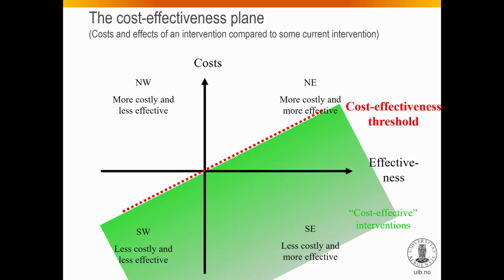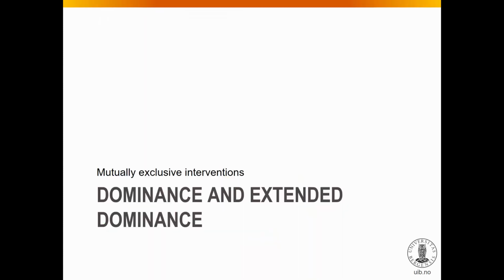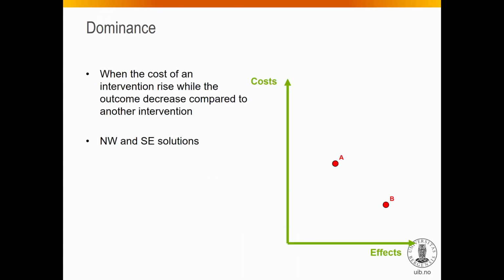Now we will discuss the concepts of dominance and extended dominance, which are important for our decision making. Dominance is the situation when the cost of an intervention rises while the outcome decreases compared to another intervention. These are the northwest and southeast solutions in the previous diagram.